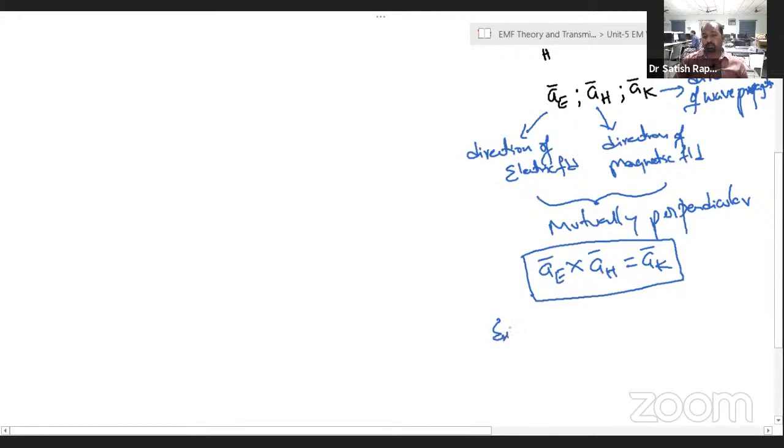For example, let us say the electric field is in X direction, magnetic field is in Y direction. Then what is the direction of wave propagation? aX cross aY is aZ, right? So therefore here X, Y and Z are mutually perpendicular.